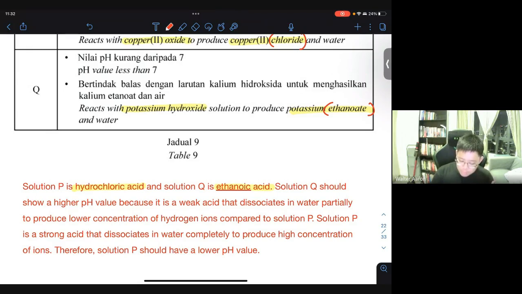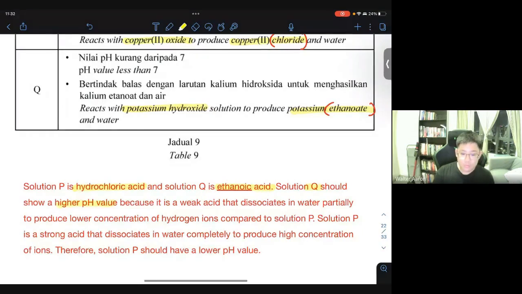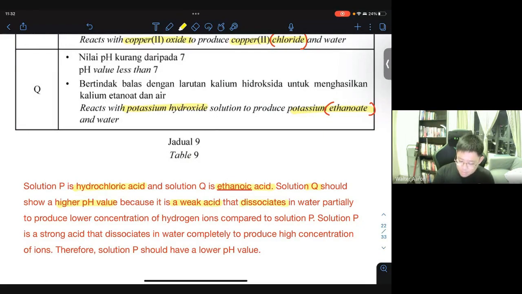The subsequent 3 more marks, you must explain which one has a higher pH value and which one has a lower pH value. So I explained to you here, Q has a higher pH value. Because why? It is a weak acid. A weak acid only ionizes or dissociates in water partially to produce a lower concentration of hydrogen ions.